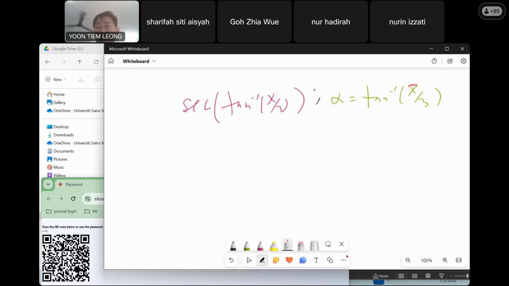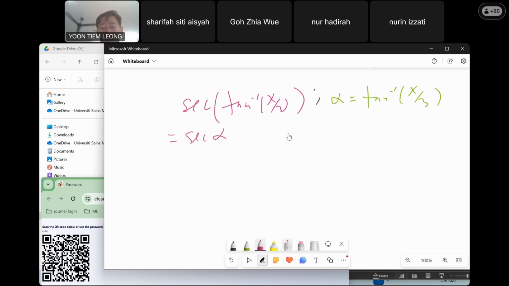Here, x is the variable that is not an angle, that goes into the inverse of tangent function. So given any value of x, arctangent of x over 3 defines an angle. You are asked to find the secant of the angle, which is alpha. So this is the same as calculating the secant of alpha.